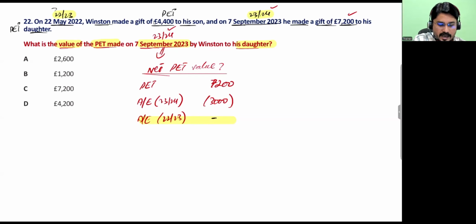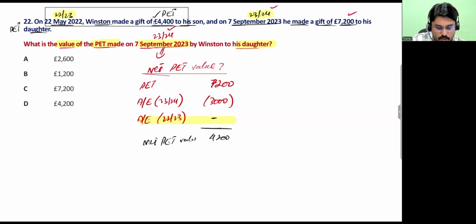So here, he has already made a transfer of an asset in the previous year. So the previous year 3,000 exemption has already been deducted in the previous year transfer. So if it is not available, the net PET value will be 4,200. So D is the correct option.